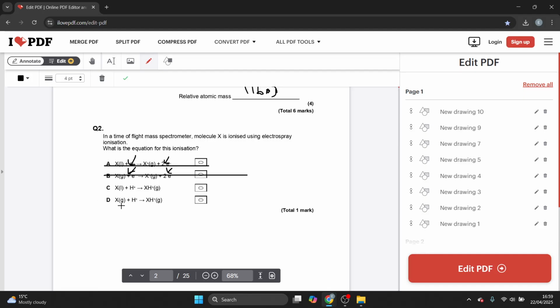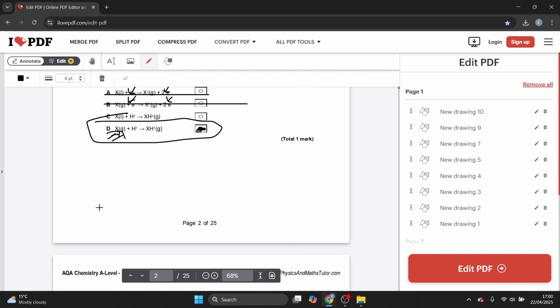So I'm left with C and D, and in this case it's going to be D. It's a very nice question because of the idea that, remember, with first ionization energy, with electron ionization, all of this, they have to be in a gaseous state. The definition of all of these requires the gaseous state.